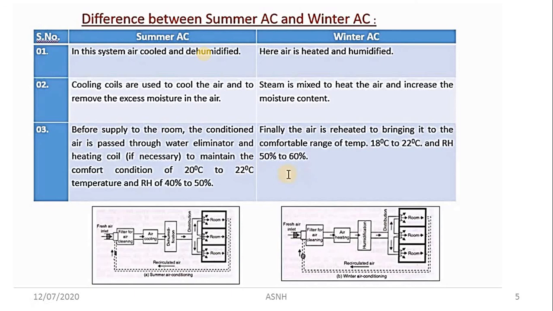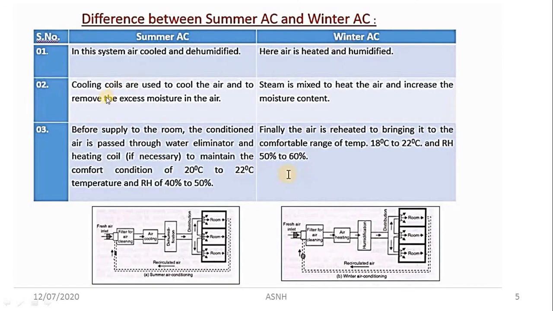The meaning of dehumidify is to remove the moisture content. Now in case of winter air conditioning, the air is heated and humidified, so we must add moisture content during this process. This is the difference between summer and winter air conditioning systems.